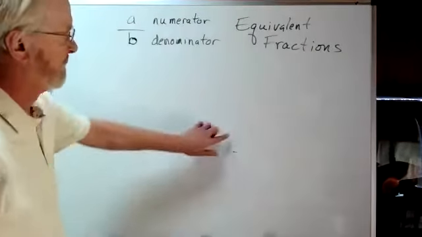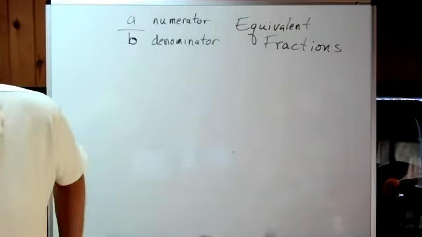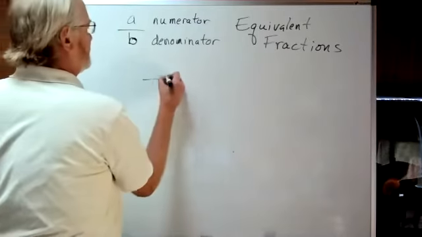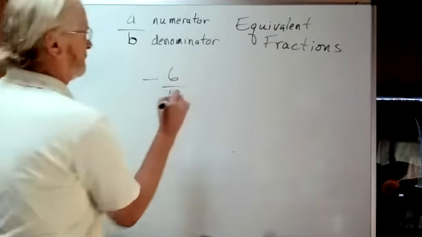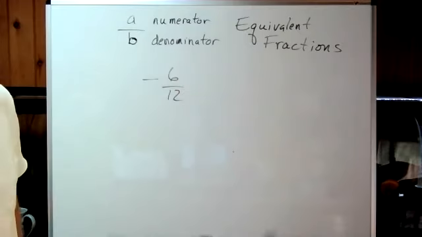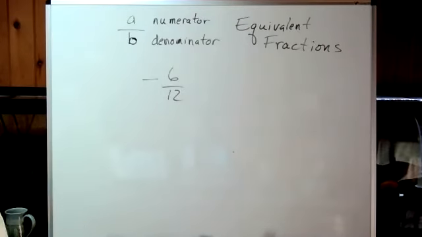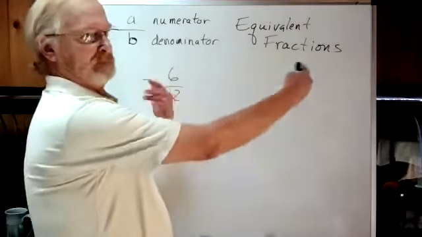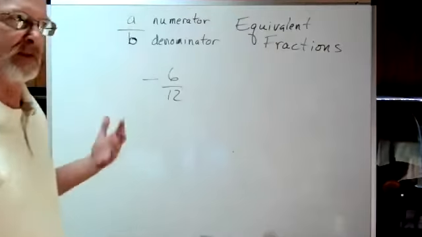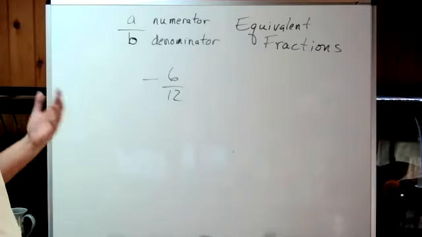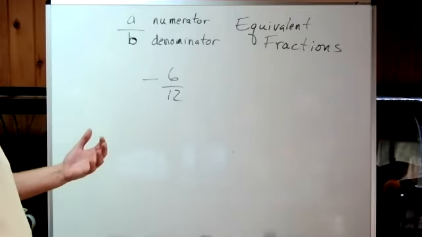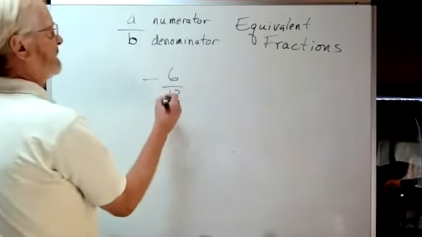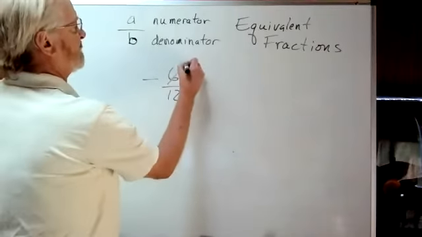That's fine. How about, if it just happens to be a negative fraction, that's fine. We still reduce to lowest terms. Looks like I can divide those both by 6. Now, I did the long answer where I actually broke out the factors so you can see them. What folks often do is if you recognize that factor and you can do it in your head, like, oh, if I divide this one by 6, I'm going to have a 1 left.